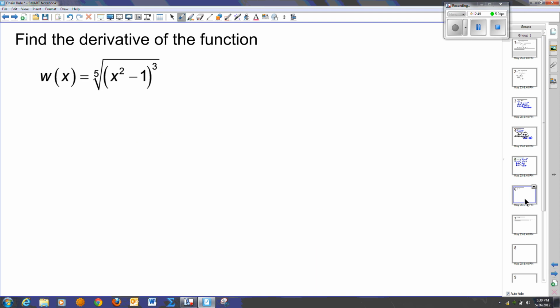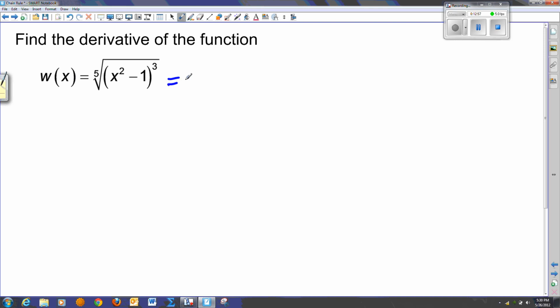Next example. Very similar to last in that it's a root. And I can change that complex radical raised to a power to a single function raised to a power. So I'm going to go from radical form to exponential.